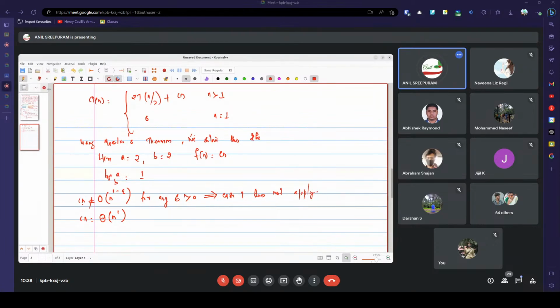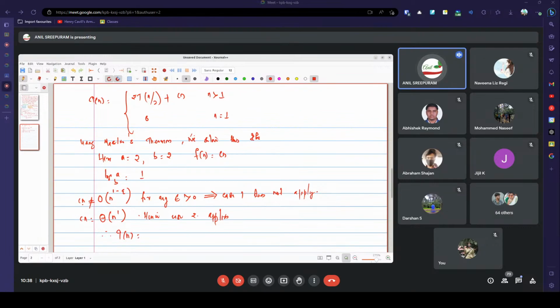If you take the limit as n tends to infinity of Cn by n, you will get C, which is a number not equal to 0 and not equal to infinity. So this is right. Hence case 2 is applicable.